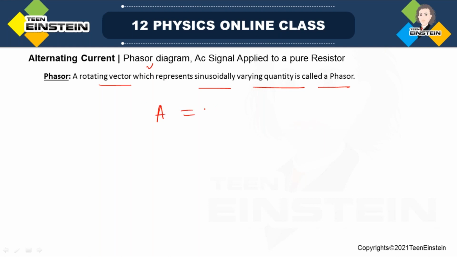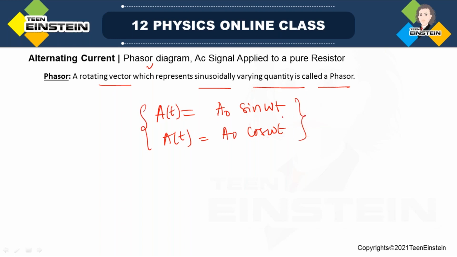If any quantity, suppose A, has some instantaneous value, and that value is varying with time as a sine function, or as cosine function also, then a rotating vector can represent or produce this sinusoidally varying quantity A. That rotating vector is called phasor.